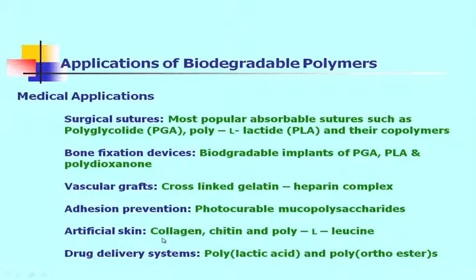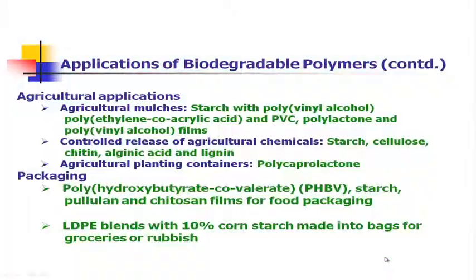Artificial skin was made from collagen, chitin and poly-L-leucine, and collagen from fish scale can also be used for artificial skin. For drug delivery systems, polylactic acid and polyorthoesters are used. Among other applications, agricultural mulches I have already mentioned, and controlled release of agricultural chemicals like fertilizers and pesticides can also be incorporated in polymer for slow release.